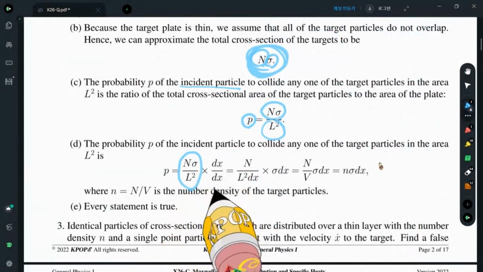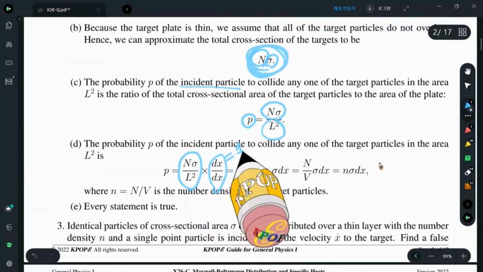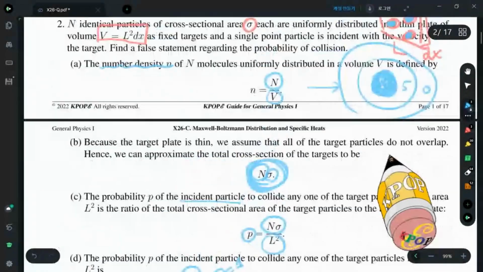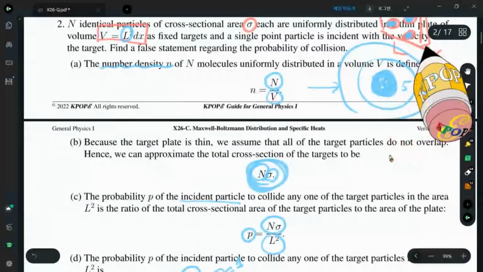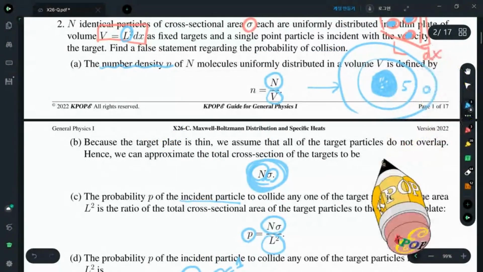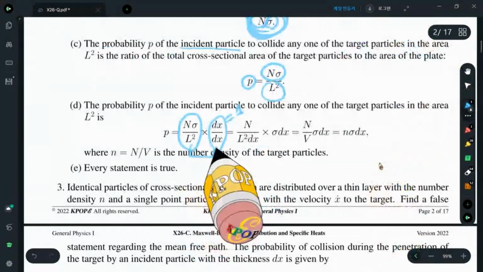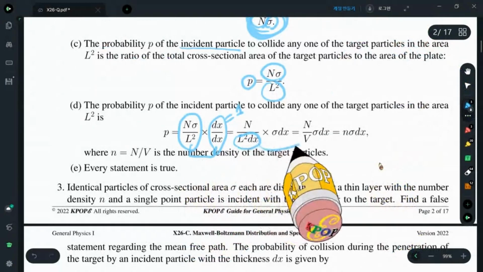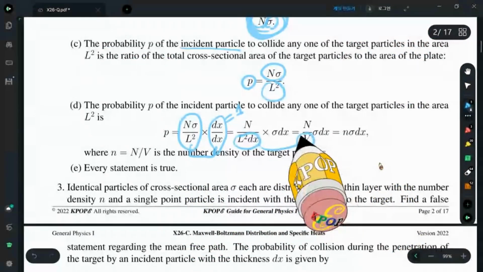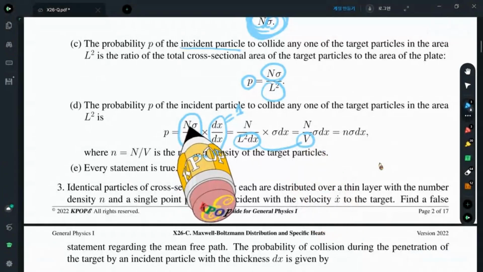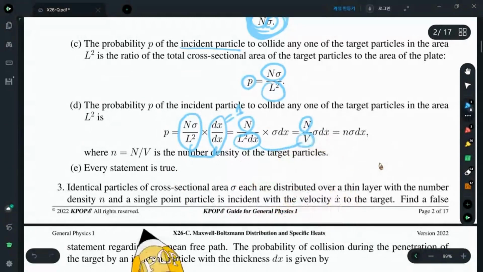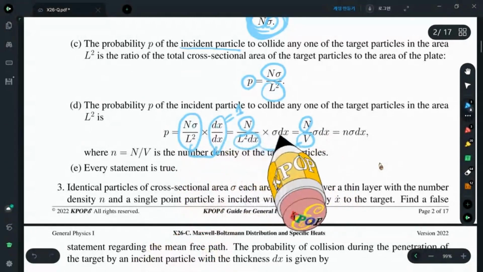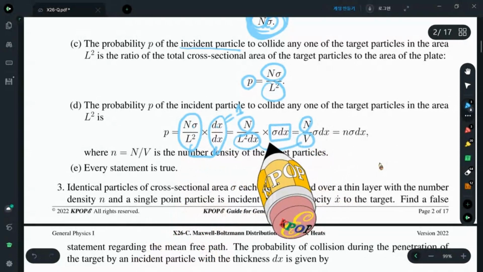Why don't we multiply by 1? This is 1. And we know the area of the plate multiplied by the thickness is the volume. This is the volume. Okay. And the number of particles is here and here. And sigma is to be multiplied by dx.